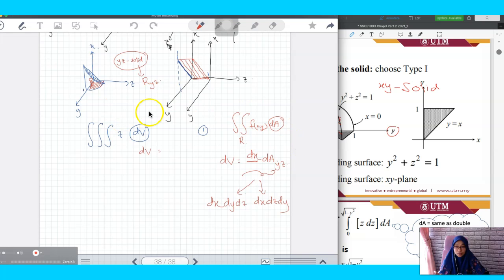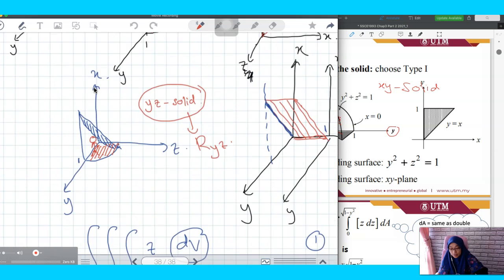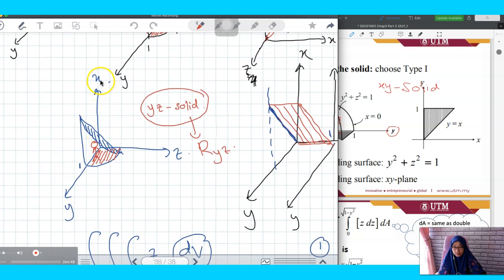Now how can we have this? You have to refer to the type of your solid. How do you determine that? Look at your sketch. Ask yourself, where are my feet lying? Your feet are lying on the yz plane, so you put yz solid, meaning your region is lying on yz.